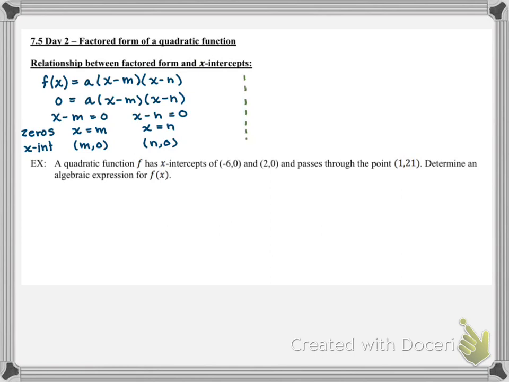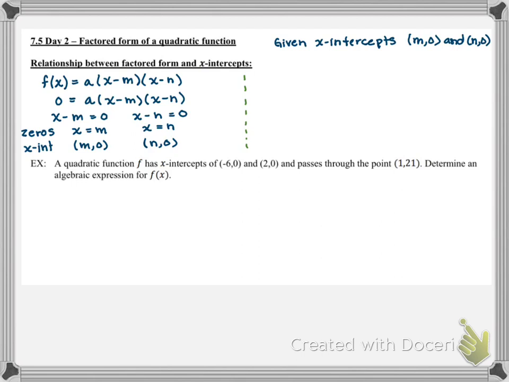So we can also do this process backwards. So if we're given the x-intercepts, we can literally do this backwards to come up with the function in factored form. So given x-intercepts (m, 0) and (n, 0).